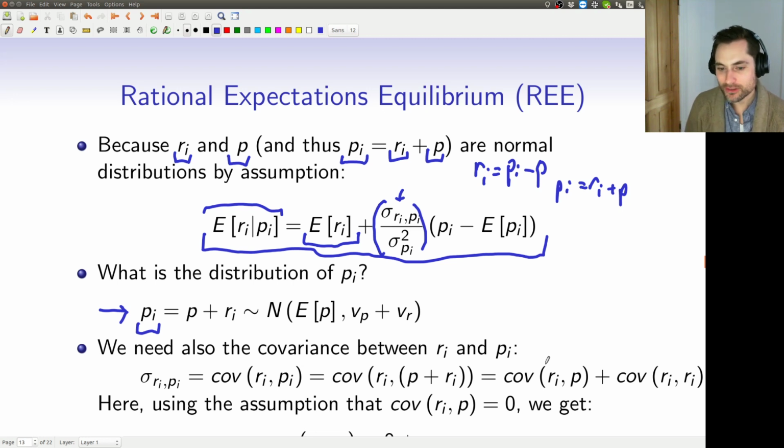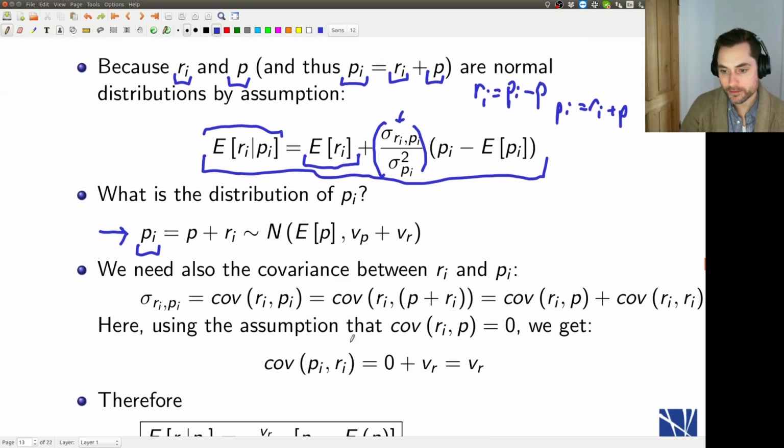Well, we've already assumed that the covariance of Ri and P is 0, right? We've assumed those two things are independent. That's on the last slide. So we end up with this covariance just equaling the variance of R. That's what we get here. The covariance of Pi and Ri is just the variance of R. So now we've got all the parts, okay?